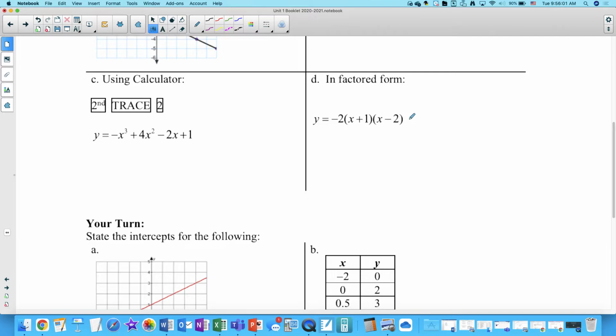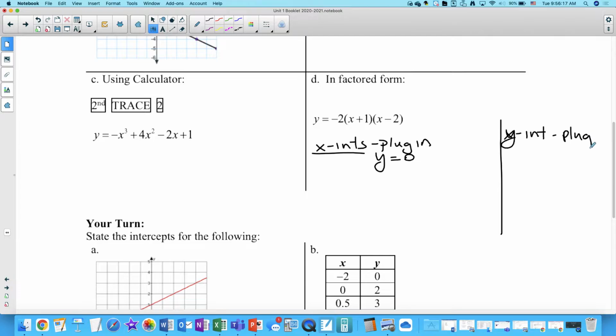So to find the X-intercepts, you're going to plug in y equals 0, and for the Y-intercept, you're going to plug in x equals 0. Let's actually start with the Y-intercept because I think that'll be easier.